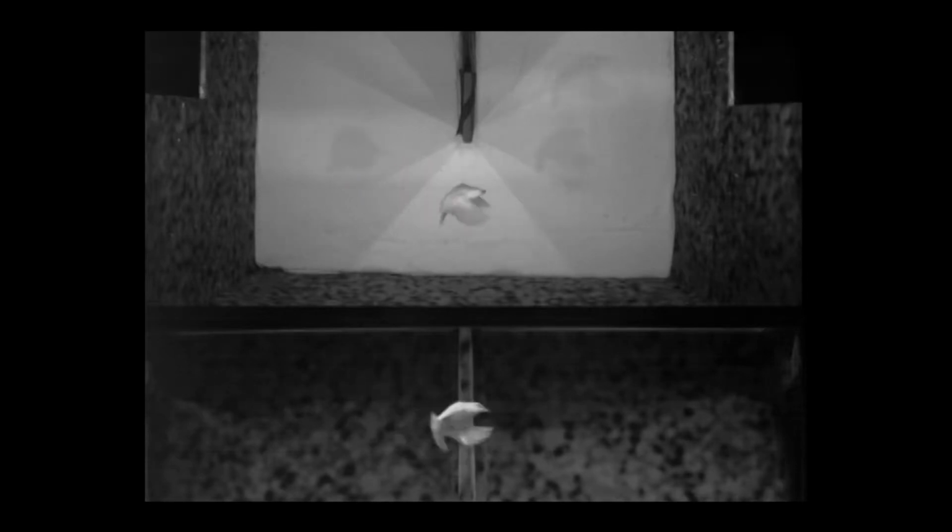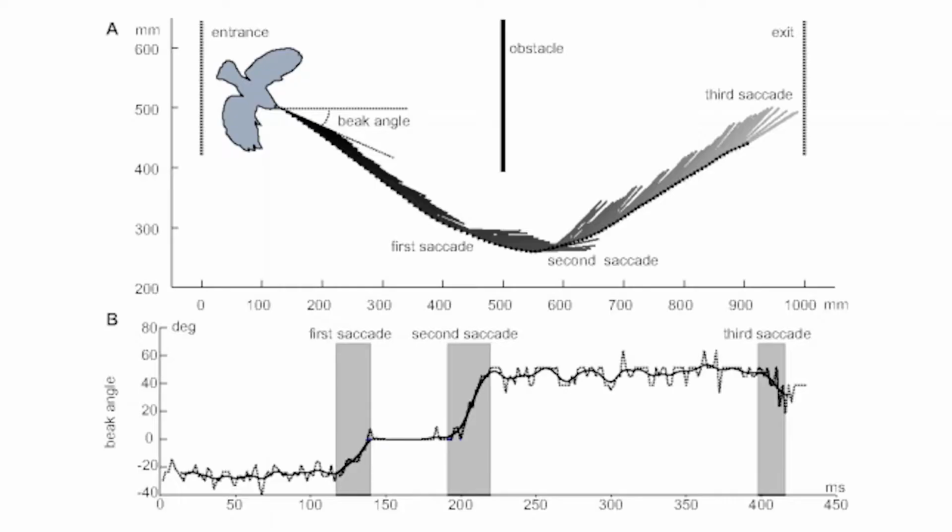So not compared to the body, but to the world, which means that the head wasn't doing the same smooth flight that the body would do, but it would try to avoid the optic flow from this rotation movement and clean it up so that the eyes would mostly see the optic flow from the translation, so the straight movement. So we think that that's a hint that the birds also use optic flow for depth perception.